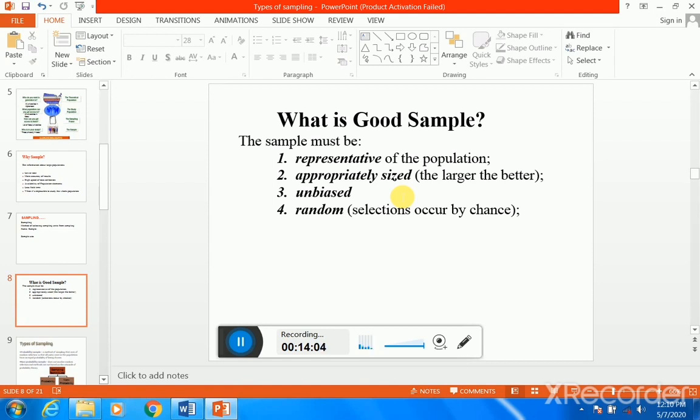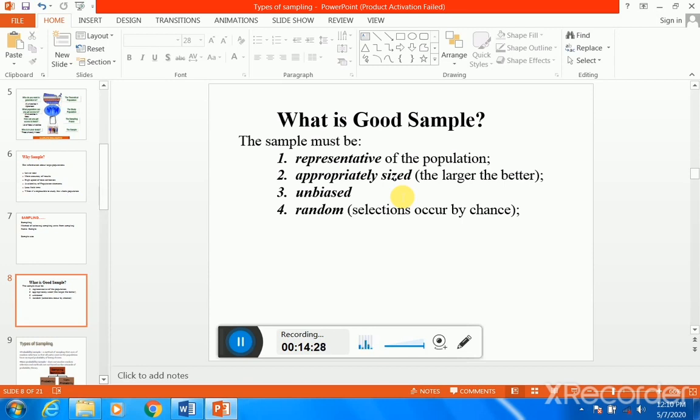Let's suppose the population is, for example, 100 people. Out of those 100 people, I study only 10. It means 90% of the people I am going to escape from my study. Their views and responses are not included in that 10%. It means that 10% is not the real representation.